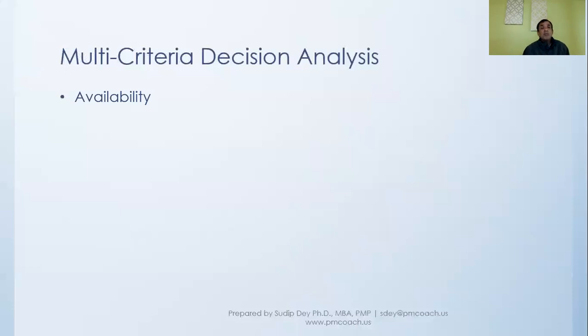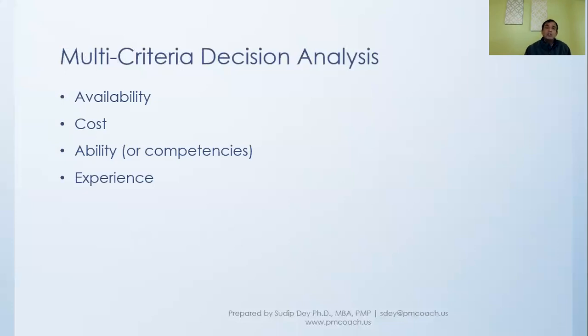For example, we might want to look at the availability. What is the availability of that person? Is that person available when we need them in the project? Or what is the cost? Will the cost incurred by hiring that resource be within our budget? Or what is the competency or ability of this resource? What is the experience?